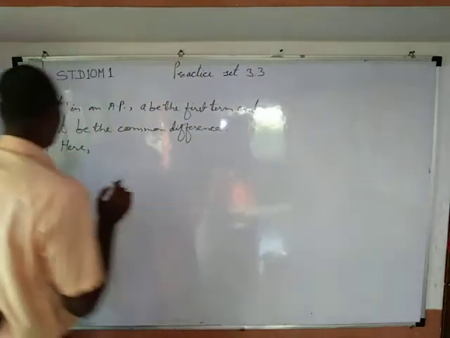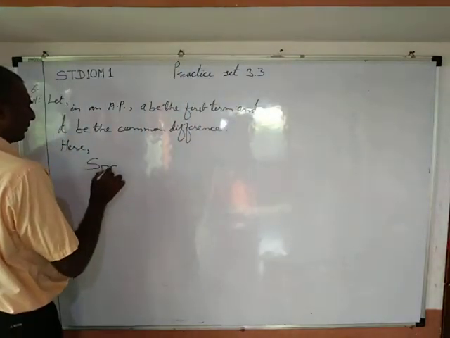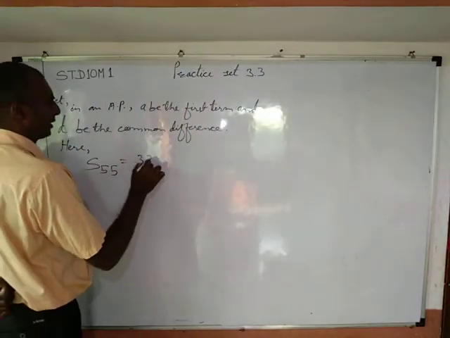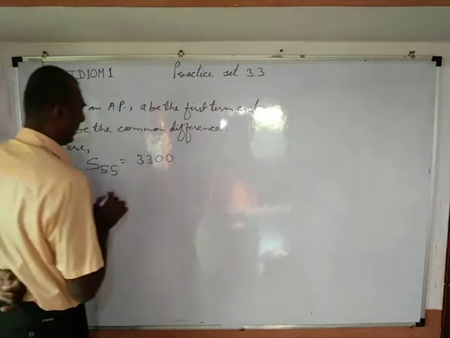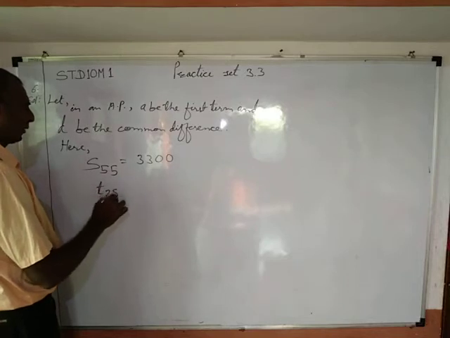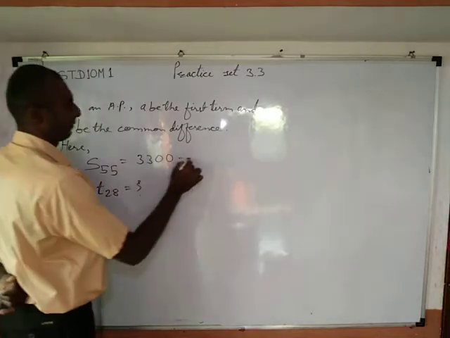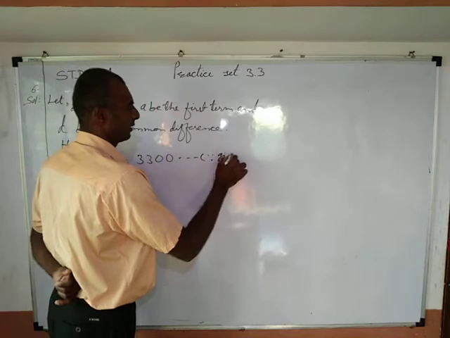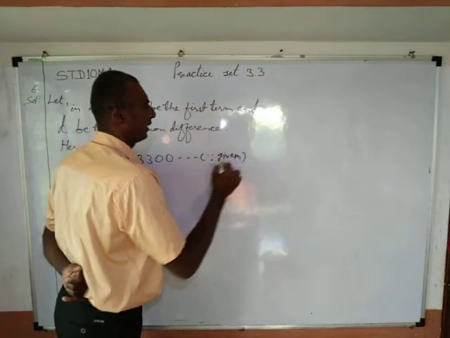So here S55 is 3300, and asking about the 28th term means t28 equals question mark. It is given.